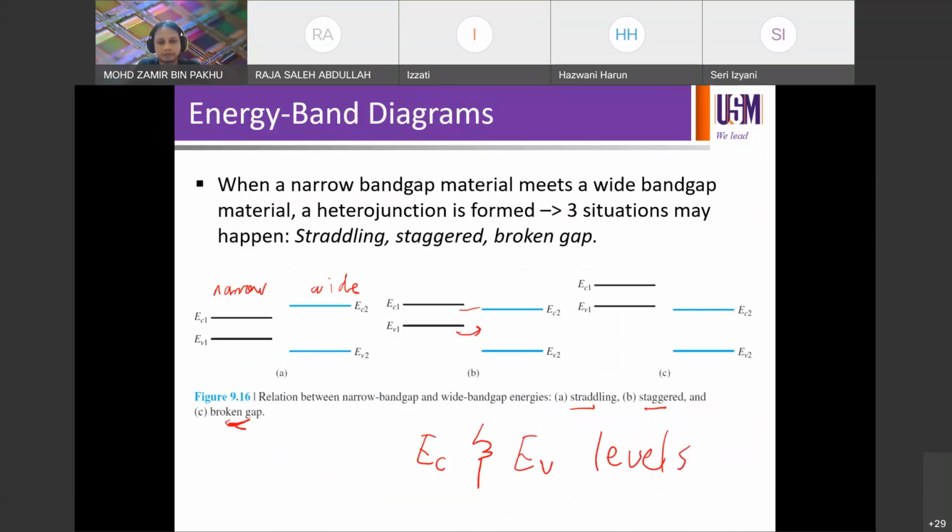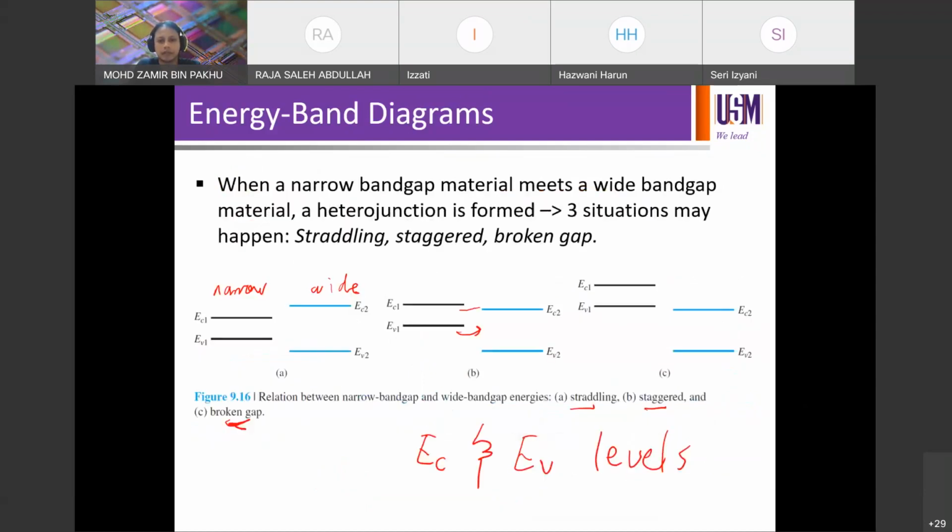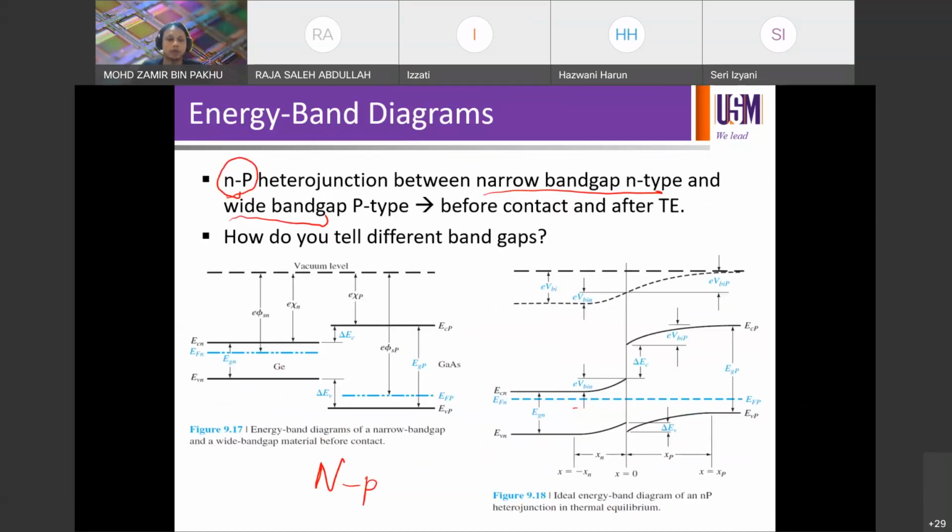Are we working on straddling, staggered, or broken gap? Straddling, and very clear cut, right? So both the EC and EV of material 1 are within EC2 and EV2, right? So dia duduk dalam kan, right?